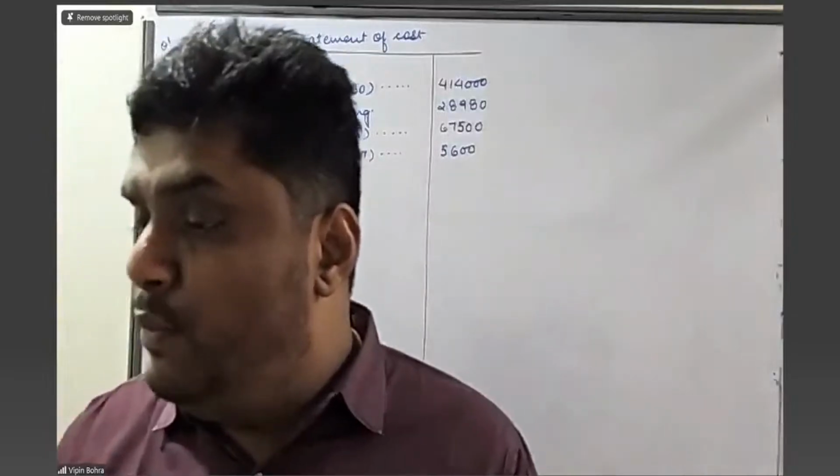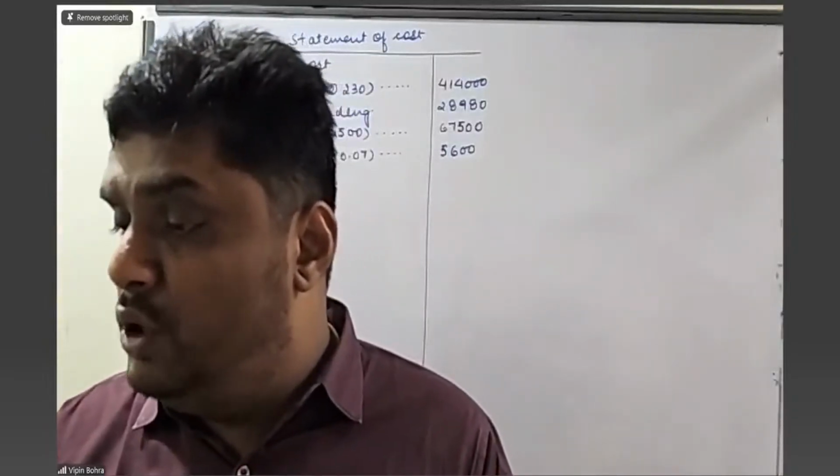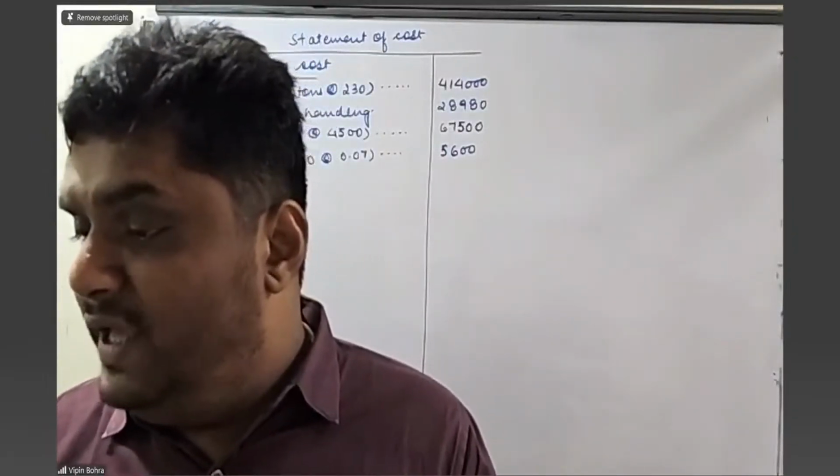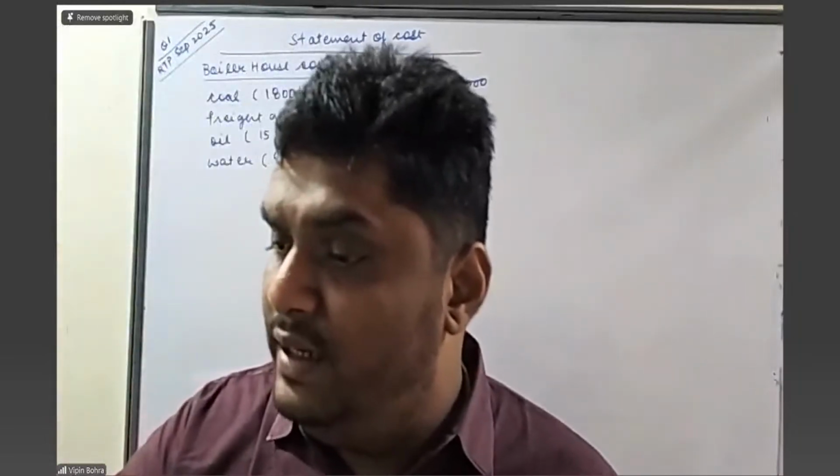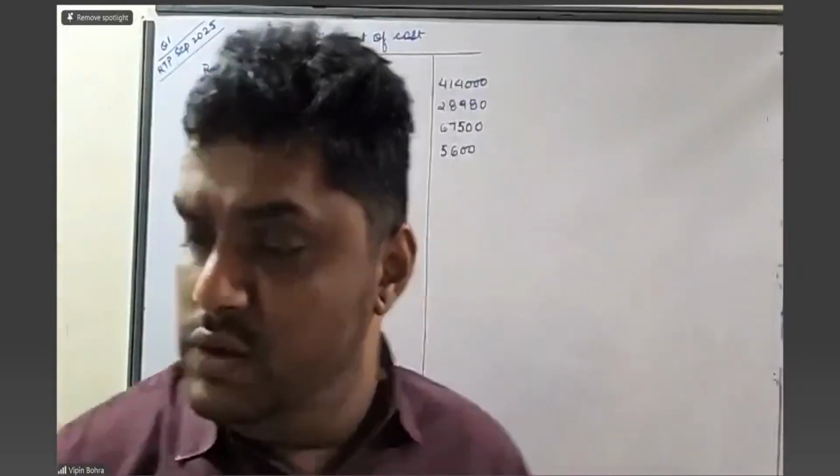Depreciation, we will take steam boiler cost, it is 50 lakh. The residual value is 2 lakh and the life is 10 years. Since we are using the monthly data, we have to calculate it in months also.